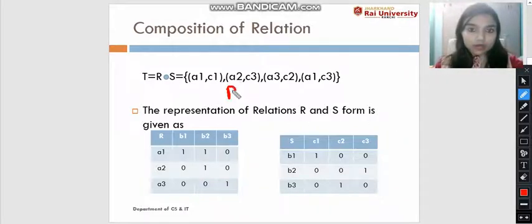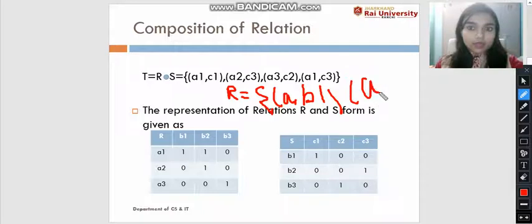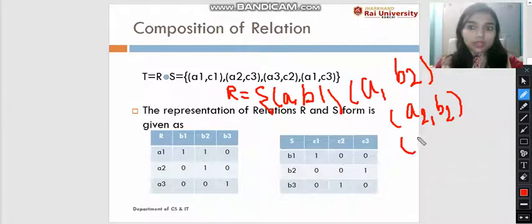If you remember, what are the elements of R? R contains A1 B1, A1 B2, A2 B2, A3 B3. These are the elements present in R.